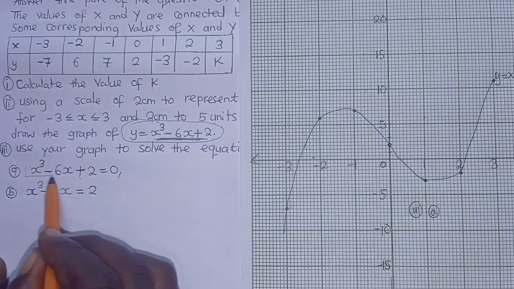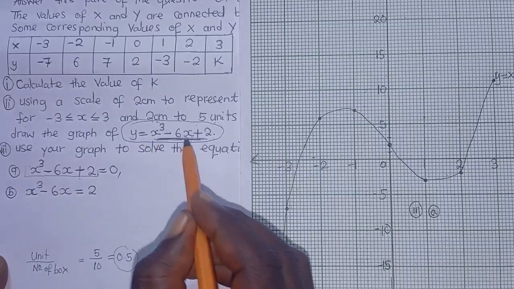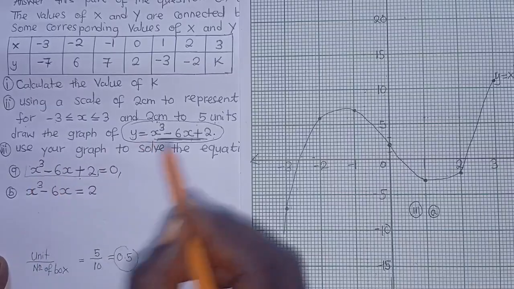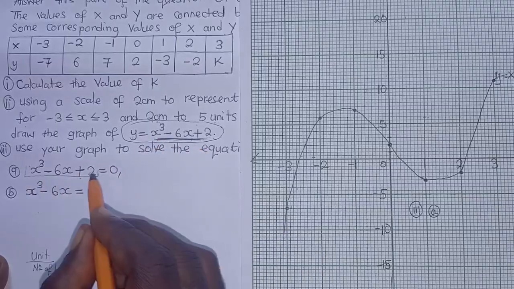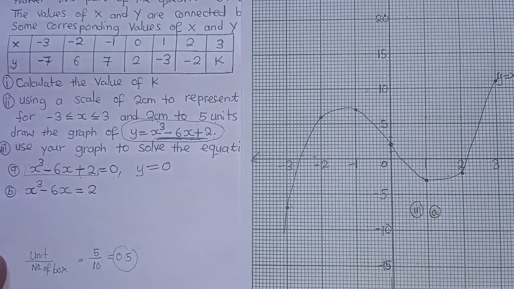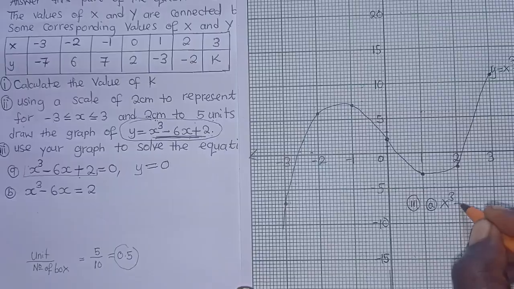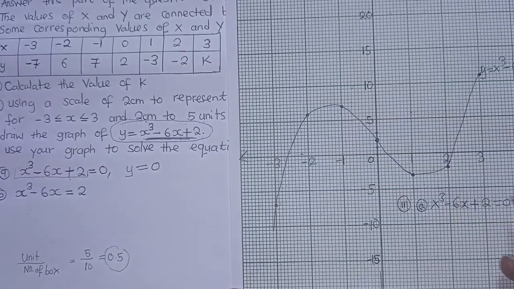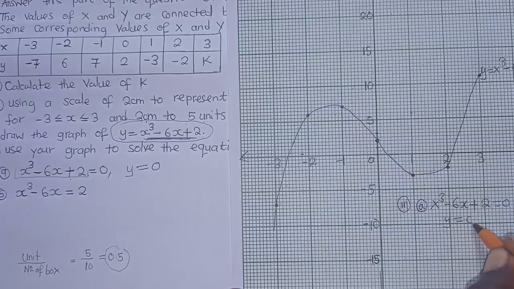We are told that y is equal to 0. So here you write x cubed minus 6x plus 2 is equal to 0. This is y, so y is equal to 0.